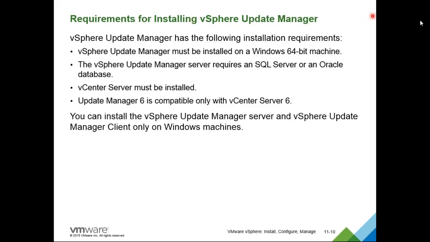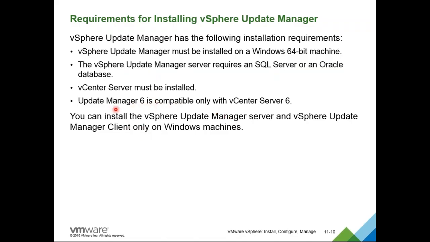Requirements for installing vSphere Update Manager. vSphere Update Manager must be installed on a Windows 64-bit operating system machine. The vSphere Update Manager server requires SQL Server or an Oracle database. Your VMware virtual infrastructure should have vCenter Server.